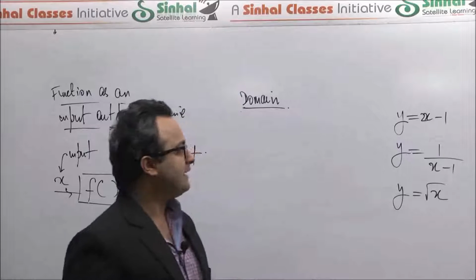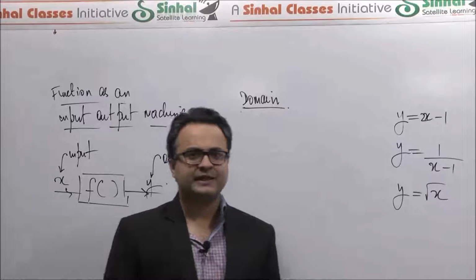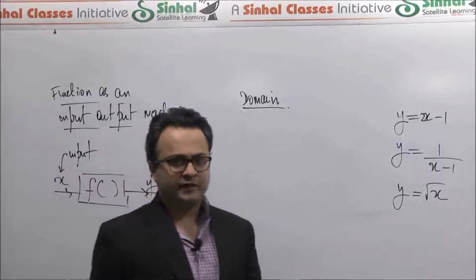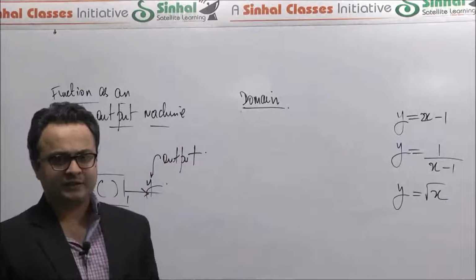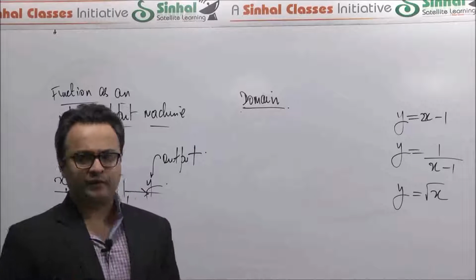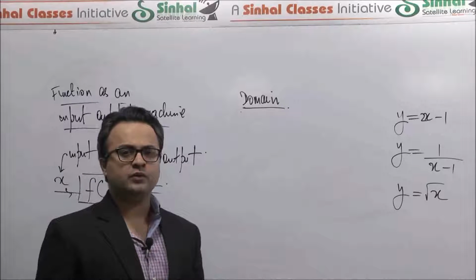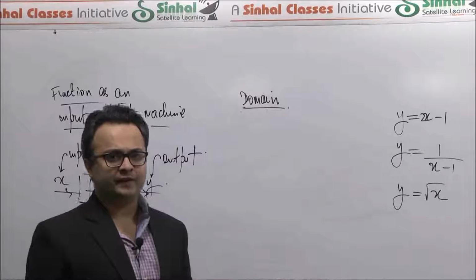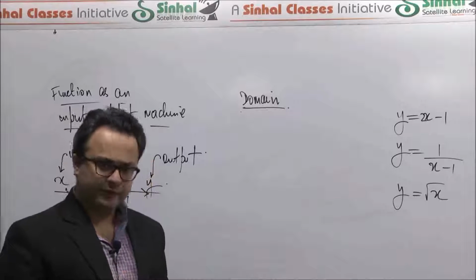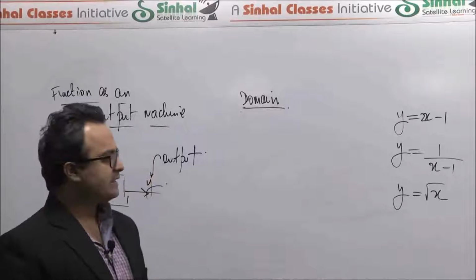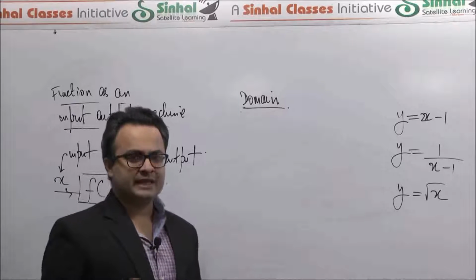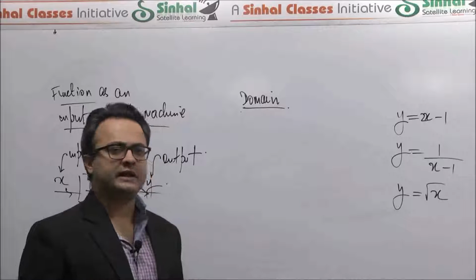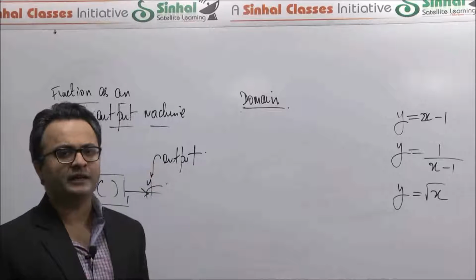So in all these three cases, the set of values that x can assume is referred to as the domain of the function. Whenever we talk about the domain of the function y equal to f of x, this is in the context of a real valued function. The domain of a real valued function y equal to f of x is the set of values that x, the independent variable, can assume.